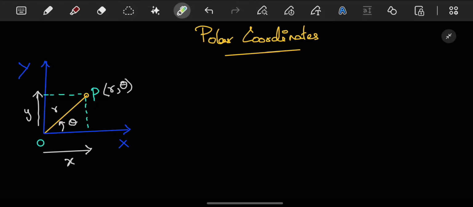Here we will be calculating the position, velocity, and acceleration of the particle in polar coordinates.